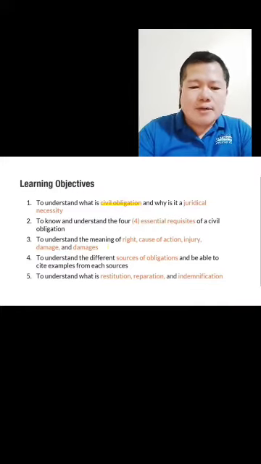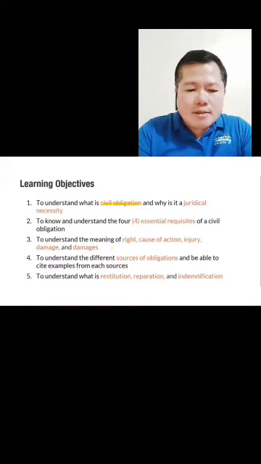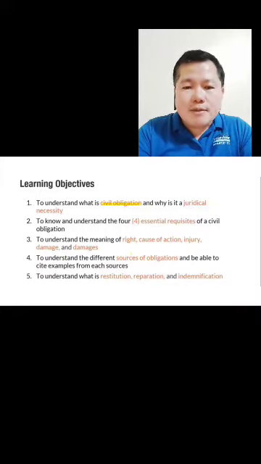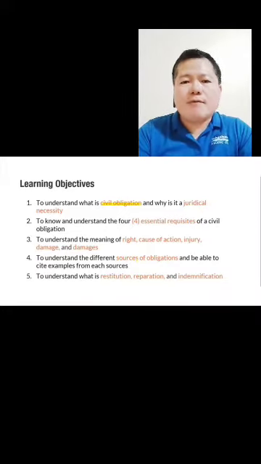Number 3, to understand the meaning of a right, cause of action, injury, damage, and damages. Number 4, to understand the different sources of obligations and be able to cite examples from each sources. And number 5, to understand what is restitution, reparation, and indemnification.